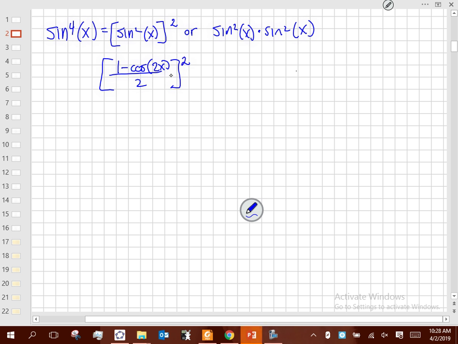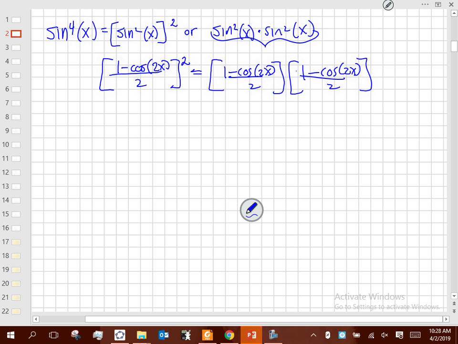And I think probably maybe the first couple times you do these, most people are probably actually going to rewrite that as 1 minus cosine 2x over 2 times 1 minus cosine of 2x over 2. You may be a person that does that, may not be. But if I do it that way, isn't that exactly what that would have been? Okay, so eventually you get to that statement regardless if you would have written it down first or not.